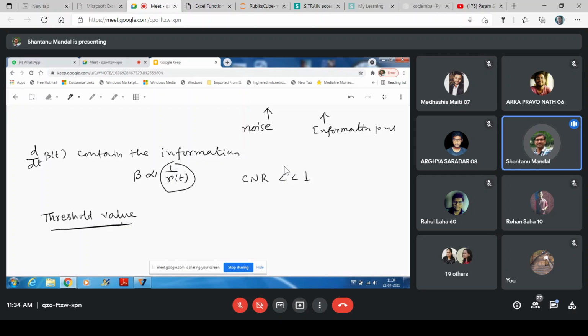Threshold value means a particular value below which the output is distorted.